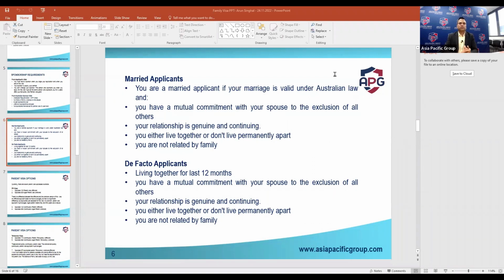Lanil is asking, two subclasses, so which one do we need to apply first? Can you give me the number for the first subclass before 820? So there are two stages on this visa, 820 and 801, which we already talked about. They both are applied at the same time, so it's a dual application.